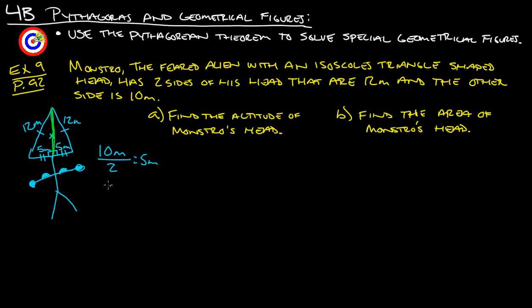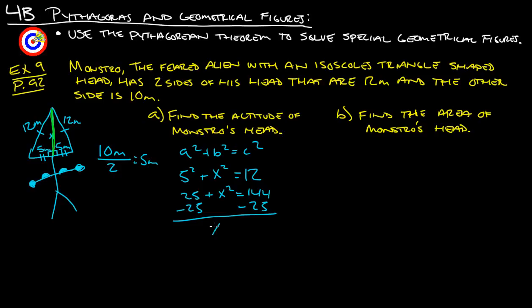So we can go back to our dear friend Pythagoras. A squared plus b squared equals c squared, because again it's a right triangle. The 12 meters has got to be the c squared, so there's 12 squared, and then the other two sides are 5 squared and let's call it x squared. 25 plus x squared equals 144.